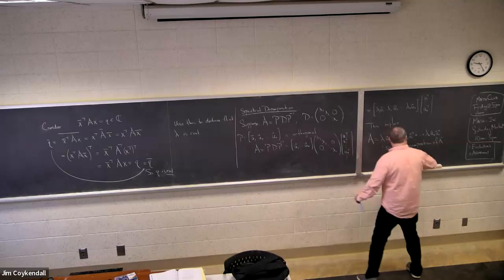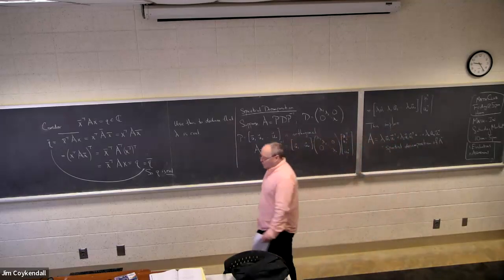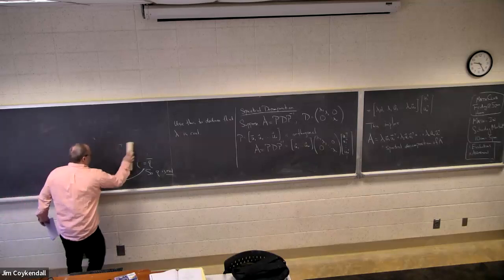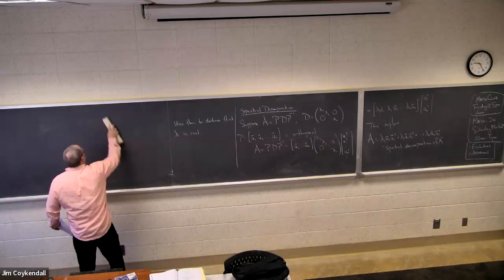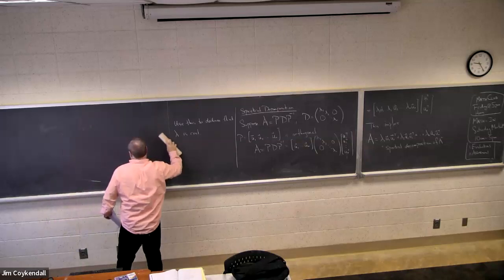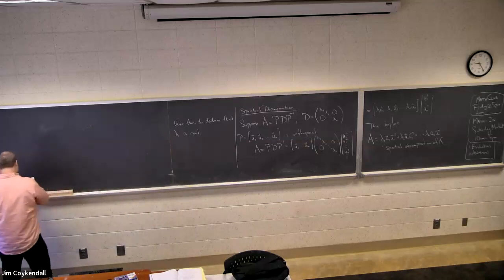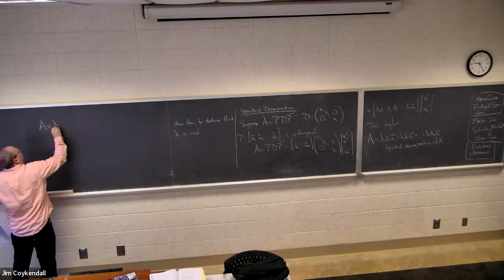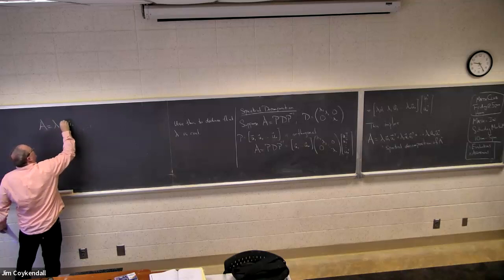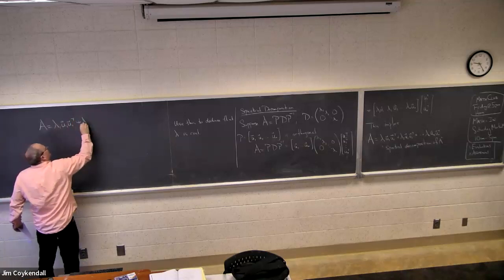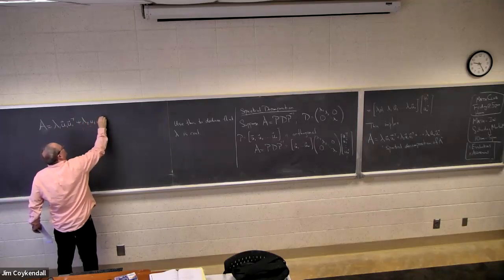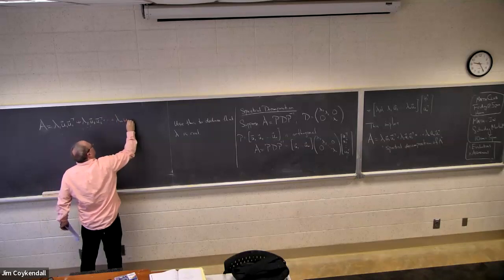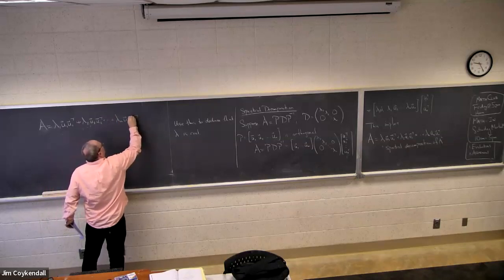So let me write this down again, and I'm going to make some remarks about what this should look like. And then I'll give you a concrete example. So we have A equals lambda 1 U1 U1 transpose plus lambda 2 U2 U2 transpose plus through lambda n UN UN transpose.